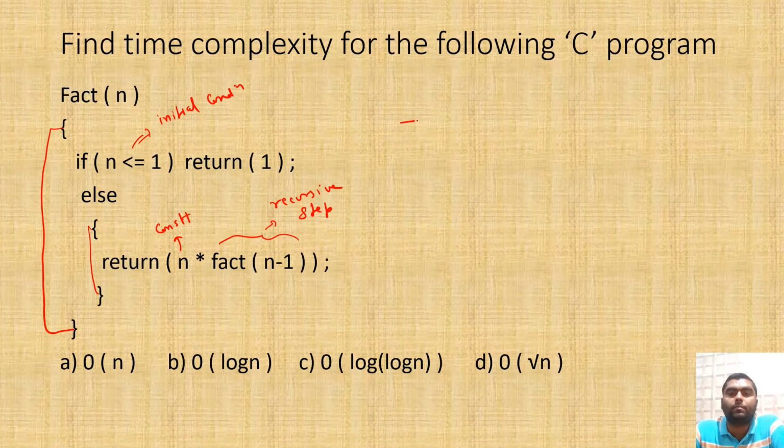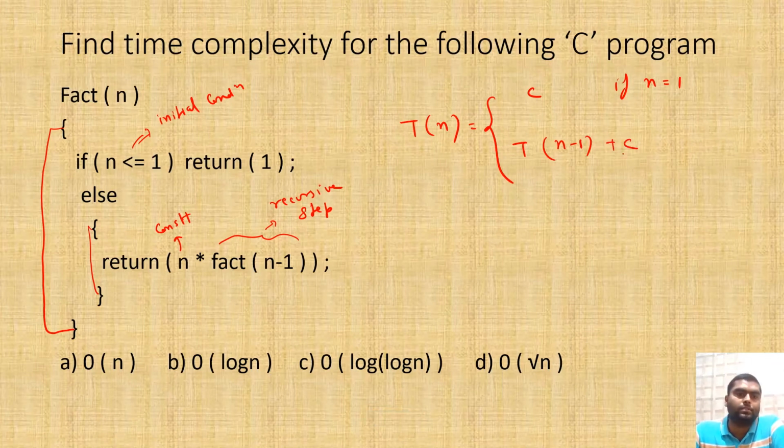So that's why the recurrence relation for this is, this is some constant C if n equals 1, or otherwise factor of n minus 1, meaning T of n minus 1, multiplied by some constant C, or just write it like plus C, some multiplication meaning some more time and some constant time. So this is the case when n is greater than 1. Okay, so let us solve this particular recurrence relation.